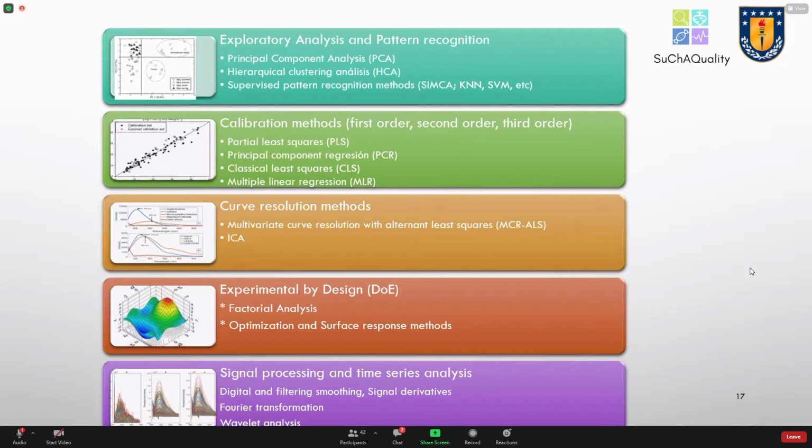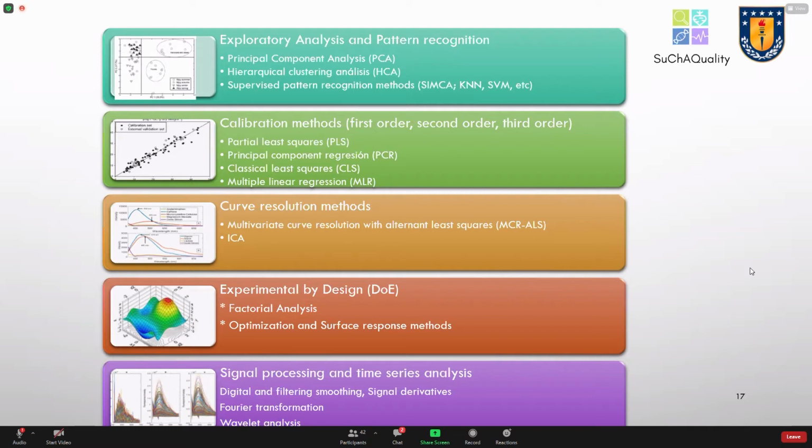And the second one is the calibration methods. The most common maybe is the partial least squares, PLS. And here we have first order, second order, third order, and so on of calibration methods. Then I will talk about that, but only to have in mind that the most commonly used linear regression method is the zero order regression.